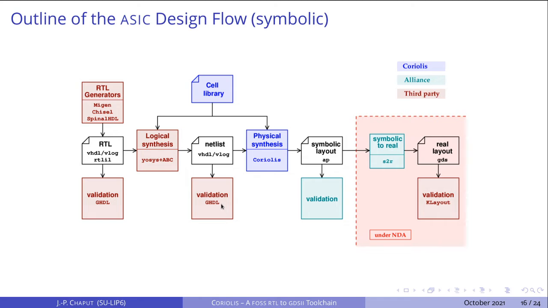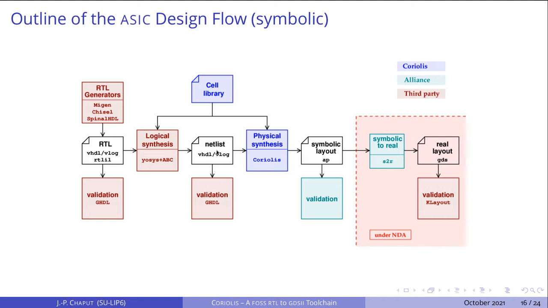If you have simulation patterns that you applied on your RTL description, you can reapply them all the same to the netlist to check that the logical synthesis did really make the same design. It is not perfect because you need a complete coverage, which is impossible to achieve, but yet it is a good verification.